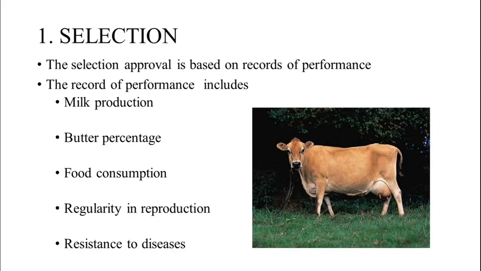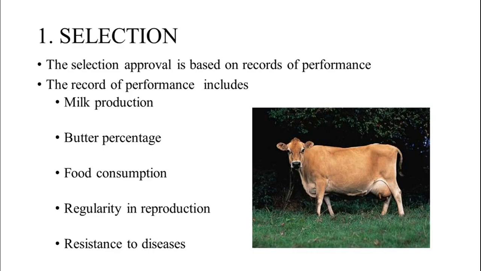Let us learn about selection. The selection of cattle or a breed is mainly based on the records of its performance, because we are going to involve these cattle in the breeding process in order to get good quality of milk and good quality of meat.